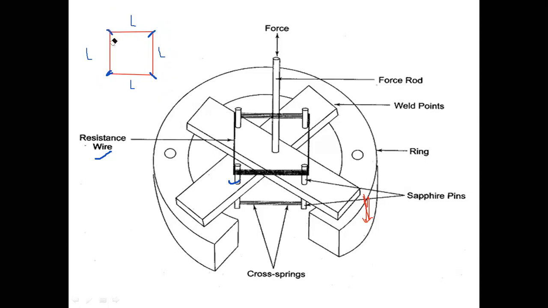Okay. And let us suppose A is the cross-sectional area of the wire from this mounting sapphire to this mounting sapphire. Since I am winding the same wire, the cross-sectional area is always the same throughout the material.